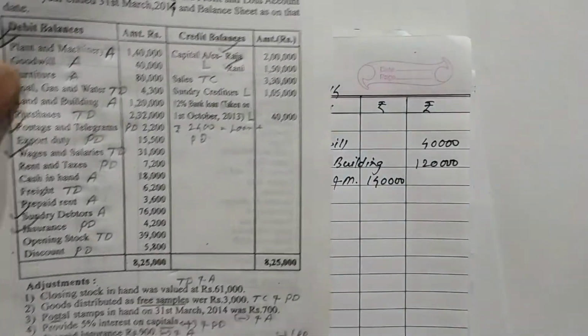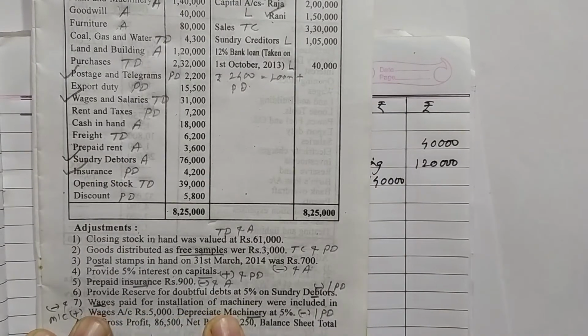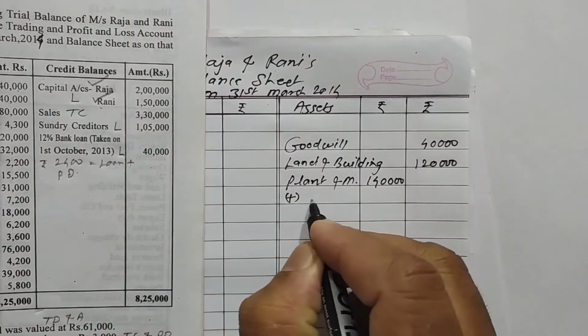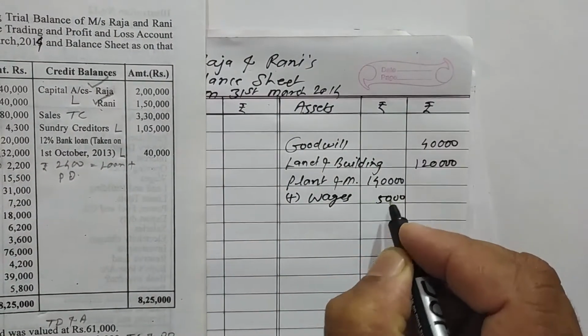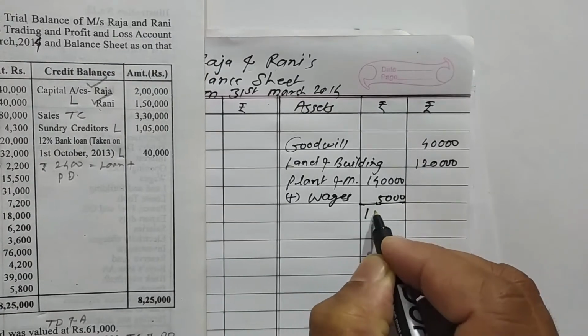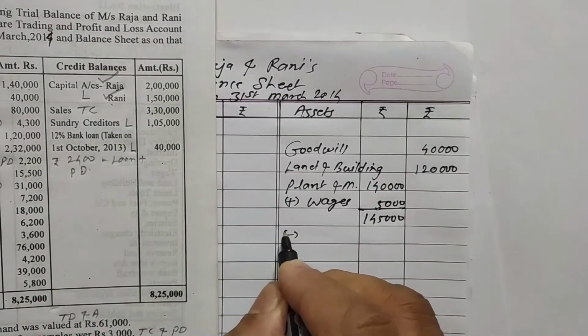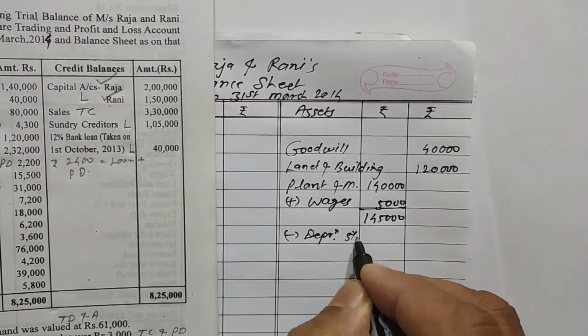We have to check the adjustment. Wages paid for installation of machinery should be added to machinery. Right here it is add wages, rupees 5,000. Total 1,45,000. Again we have to subtract depreciation. It's 5%.